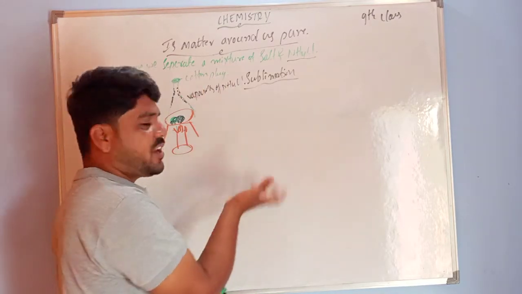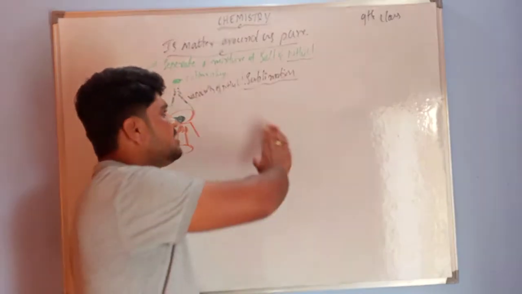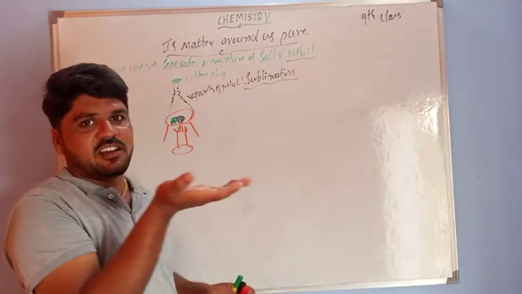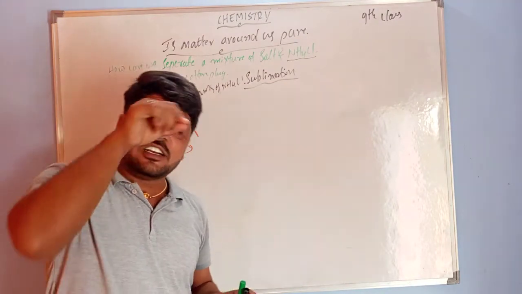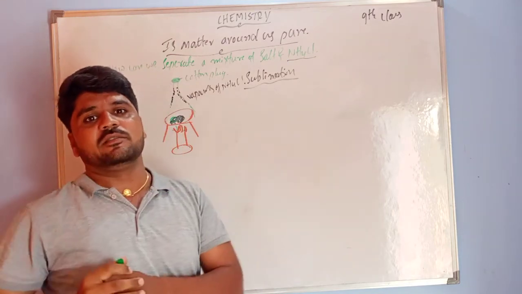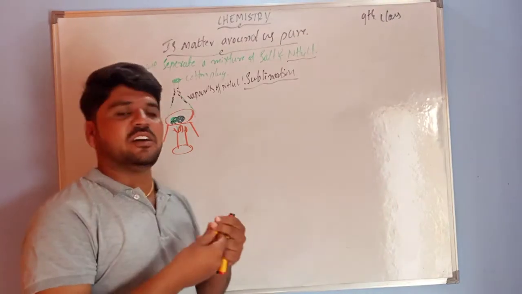If you heat the ink, the solvent water evaporates out, and on the watch glass we get the colored compound. Now we are going to study whether that colored compound is a single color or multiple colors. This is a very important topic.